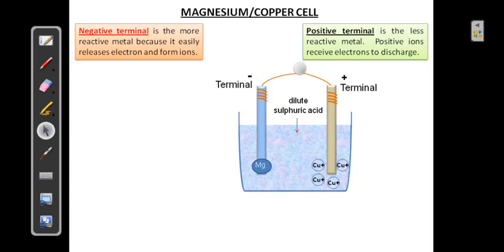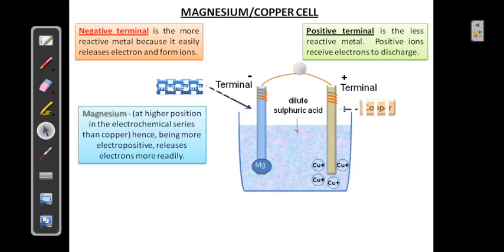This is a correction, it's not dilute sulfuric acid, it is the copper 2 sulfate. So this is a typo error again, right? So magnesium is at a higher position in the electrochemical series than copper, and hence being more positive, releases electrons more easily. That's what they do, you know.